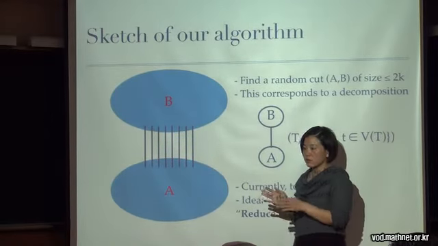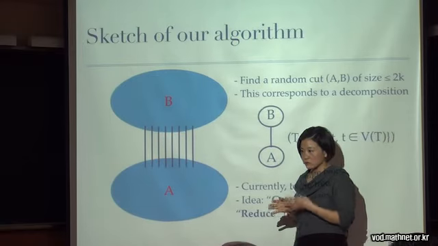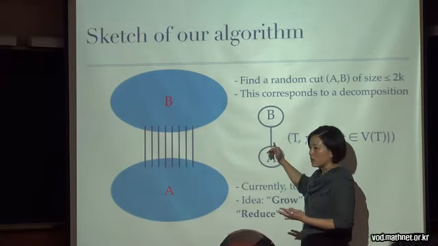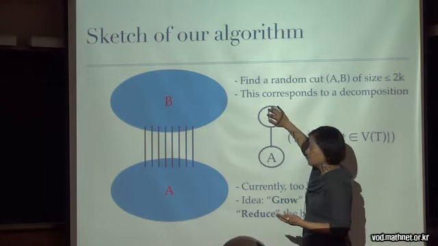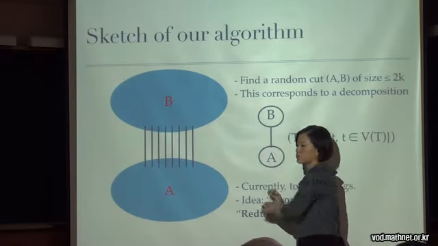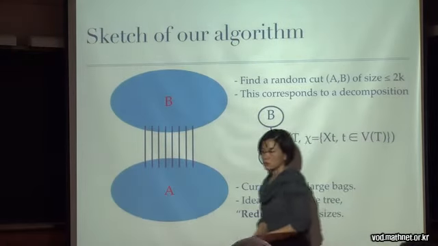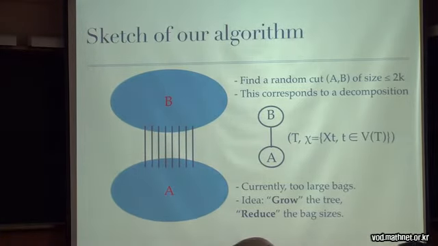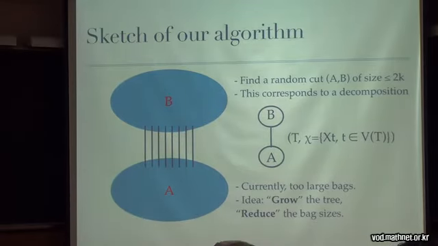Through the whole process, we keep a tree-cut decomposition such that the cut size is at most 2k, and the bag size can be arbitrarily big, but we will grow it and the bag size will decrease until the tree-cut width is at most 2k, or you have a certification that the width is bigger than k. So actually the algorithm produces a certificate that the tree-cut width is bigger than k.